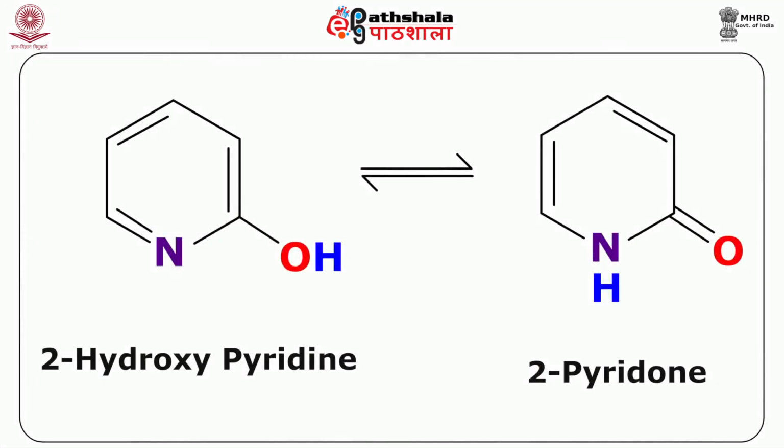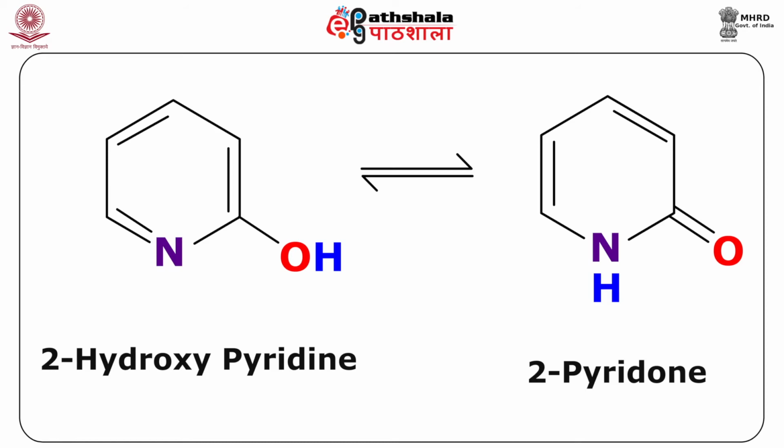Taking an example, in the tautomeric forms of 2-hydroxypyridine and 2-pyridone, the latter is preferred because it is an alpha beta unsaturated ketone, and clearly the equilibrium shifts towards the right hand side, and this is shown in the figure. As you can see, the preference is more towards the 2-pyridone structure because it is an alpha beta unsaturated carbonyl compound.